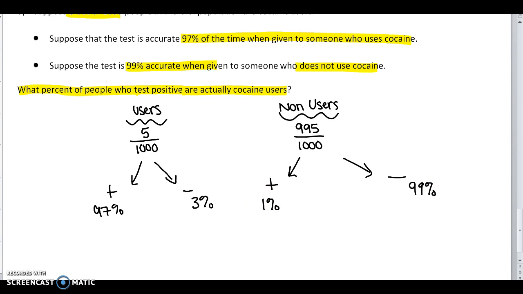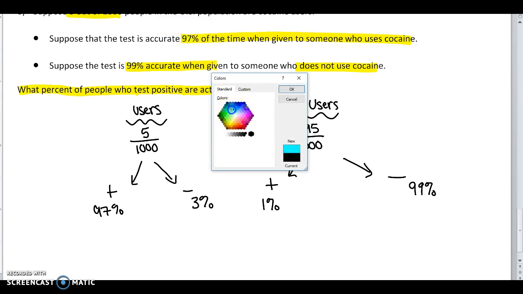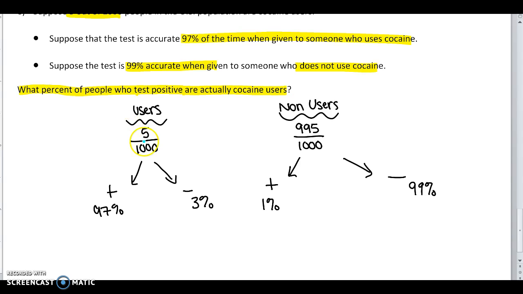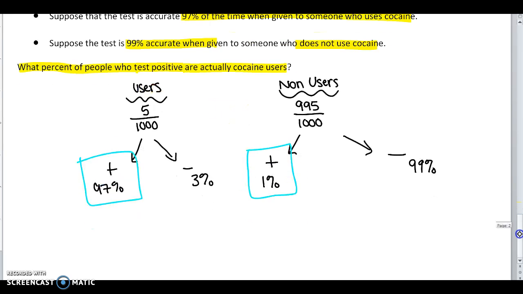Okay, so using this tree diagram and organizing it this way helps categorize what we're looking at here. So this is the tough part. What percent of people who test positive are actually cocaine users? I like this tree diagram because we can see where that happens. So we're looking for people who test positive, which is either this or it's this. But it wants the percent who are actually cocaine users.